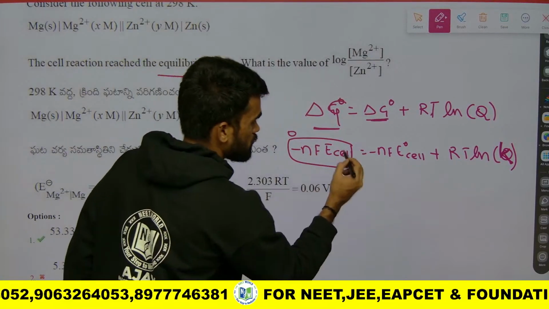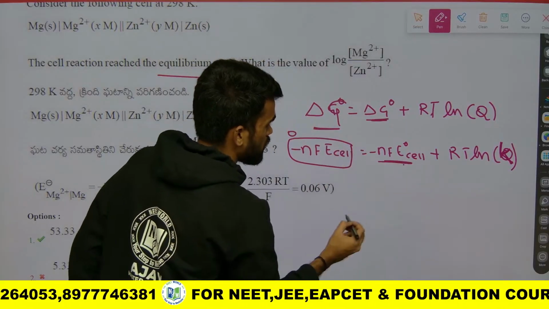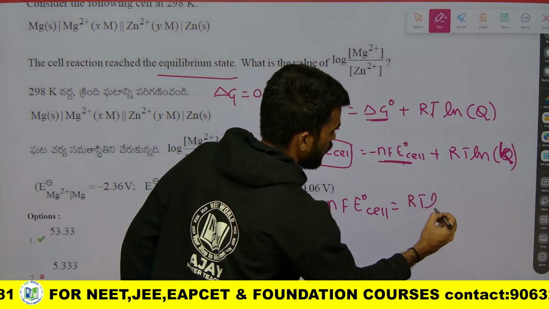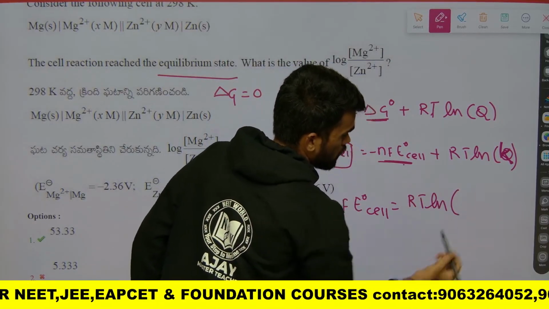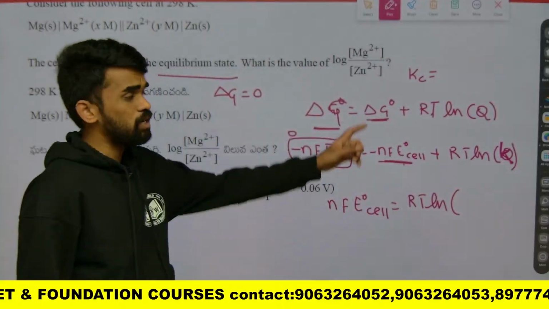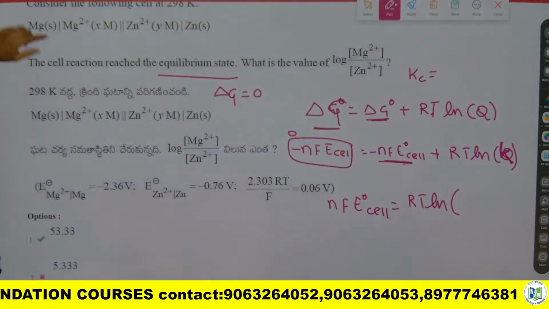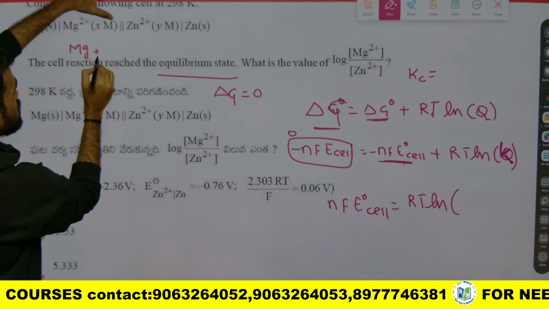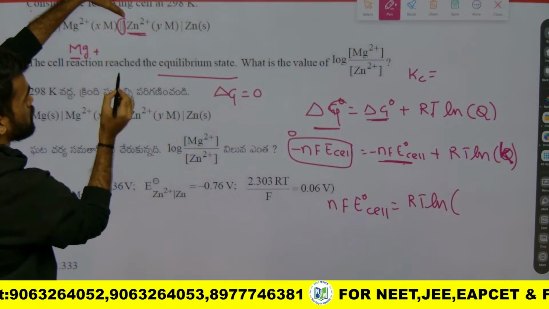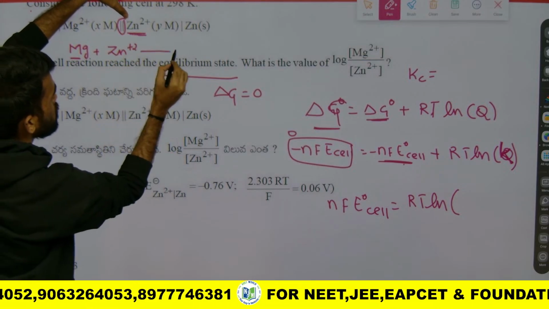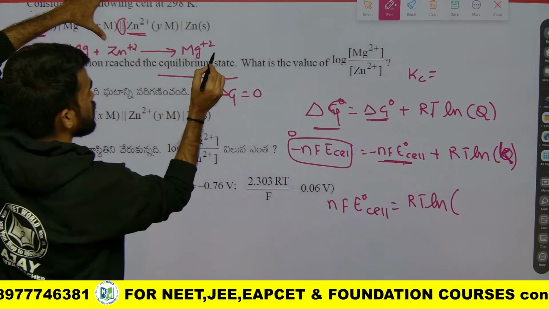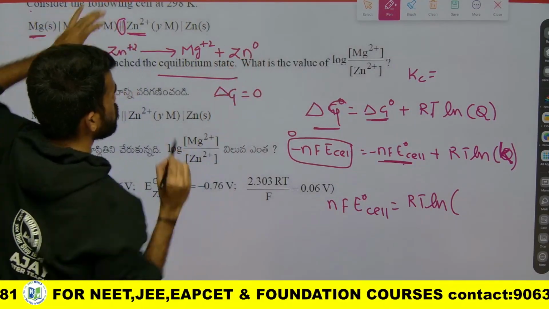Now, since it is 0, we move this to the other side: nF E° cell = RT ln K. How can we write the equilibrium constant Kc here? Magnesium is on the reactant side, this is the salt bridge representation, and here we have Zn2+. This reaction gives Mg2+, which is oxidizing, and Zn, which is undergoing reduction.